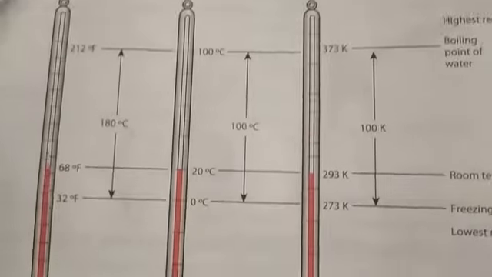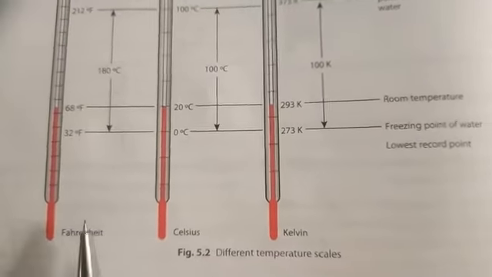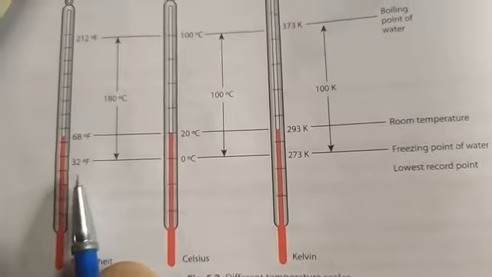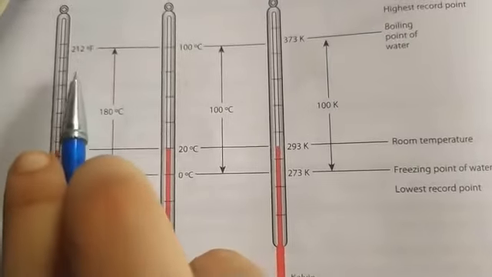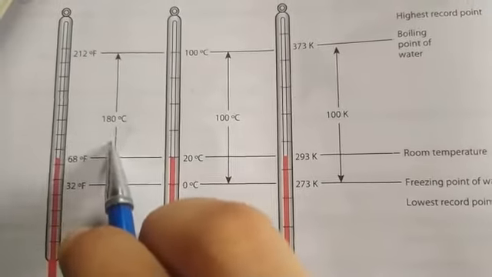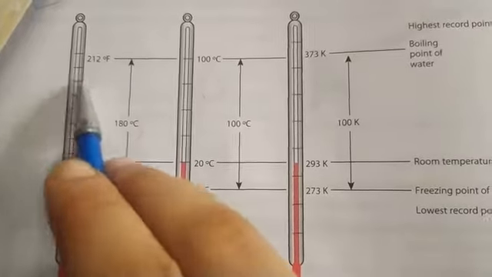Here you can see the different thermometers, the different temperature scales: Fahrenheit scale, Celsius scale, Kelvin scale. In this, the lower fixed point is 32 degrees Fahrenheit and the upper fixed point is 212 degrees. So the difference is 180 and there will be 180 divisions. The small lines or markings are not shown here.